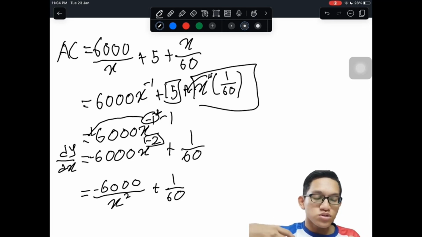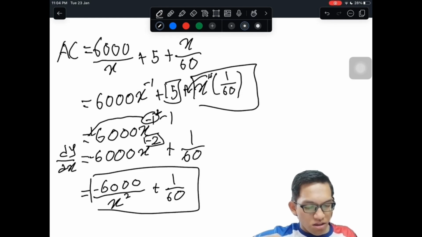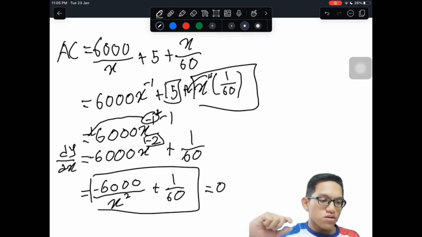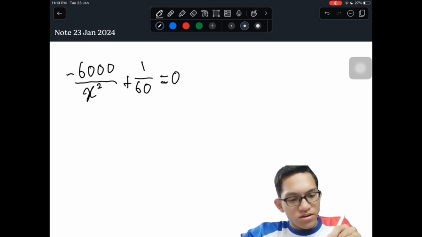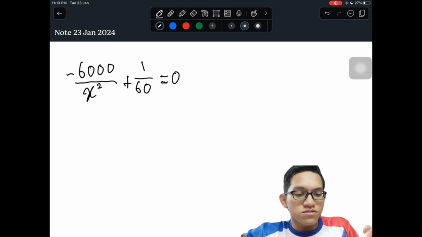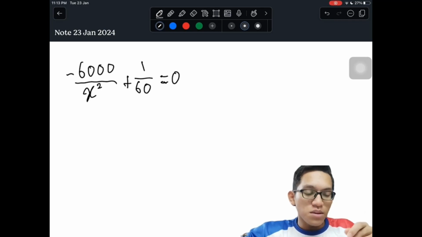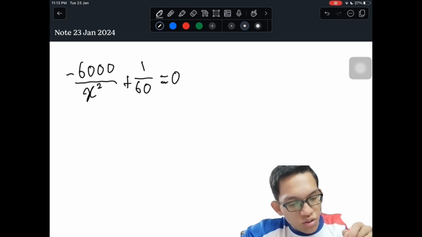To find the minimum cost, we just need to equate this equation to 0. After we equate it to 0, we just need to solve for x, so that we can find the units that must be produced so that the average cost is minimum.